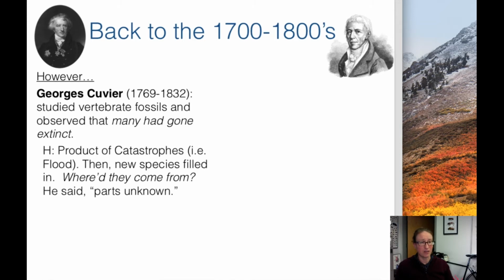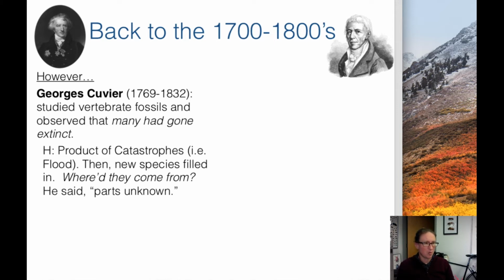So a lot of vertebrates had gone extinct. And he thought, well, this seems like pretty good evidence that there have been a series of catastrophes through time, kind of like what's written in the Bible about the Great Flood. And then new species appear after those points.